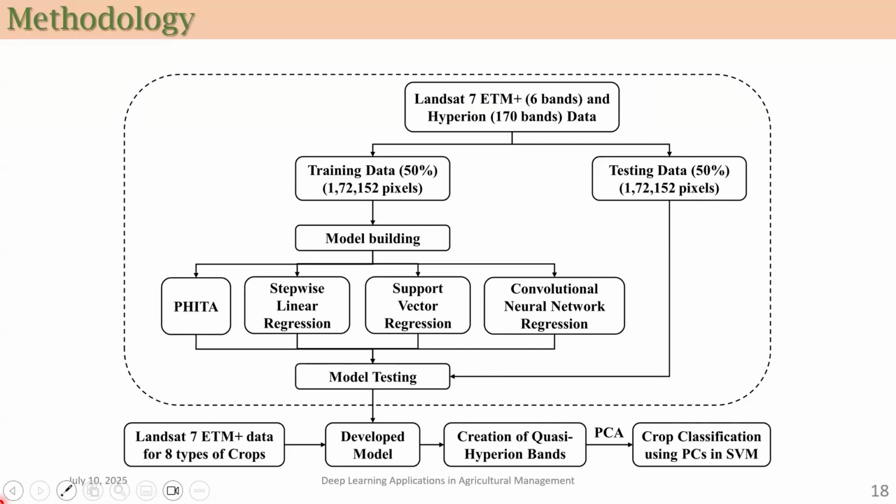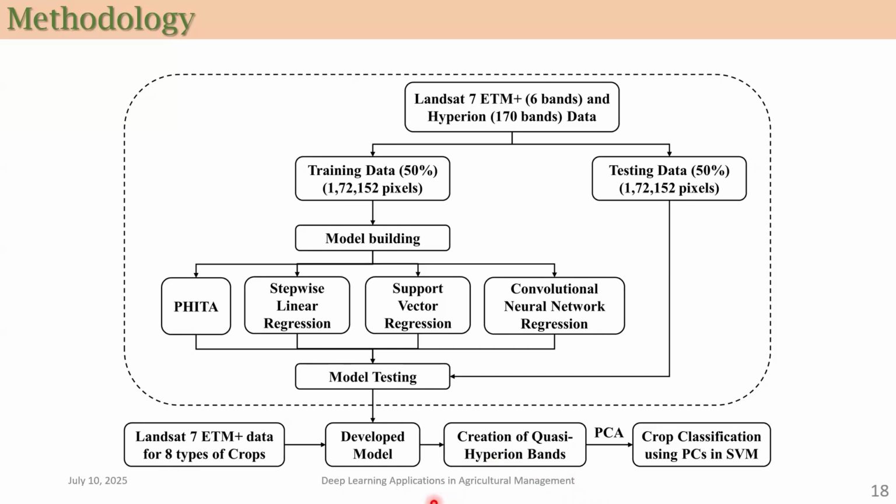We try to use existing approaches and our convolution neural network regression, develop the model, test it and validate it. Then for the regions where we don't have hyperspectral data, provide Landsat ETM data, get the quasi-hyperspectral data, use it for crop classification and see how well we are doing.